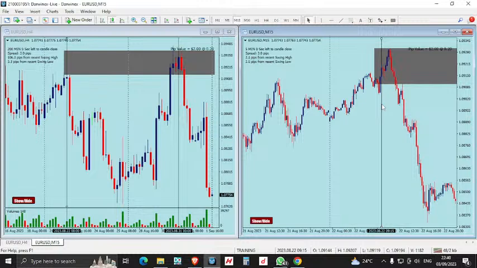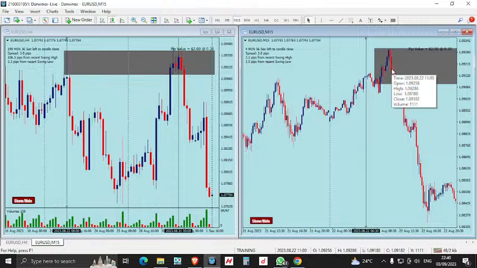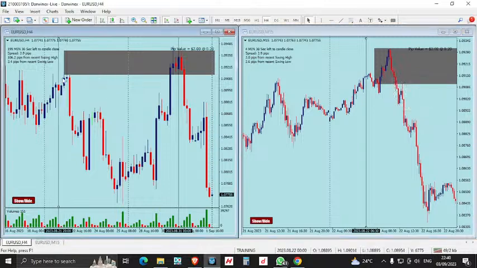Okay, 4 times 4 is 16, because 4 candles will be 1 hour, 8 candles will be 2 hours, 16 candlesticks. So if we count from here now, 1 2 3 4 5 6 7 8 9 10 11 12 13 14 15 16. So here now is what we are having here.